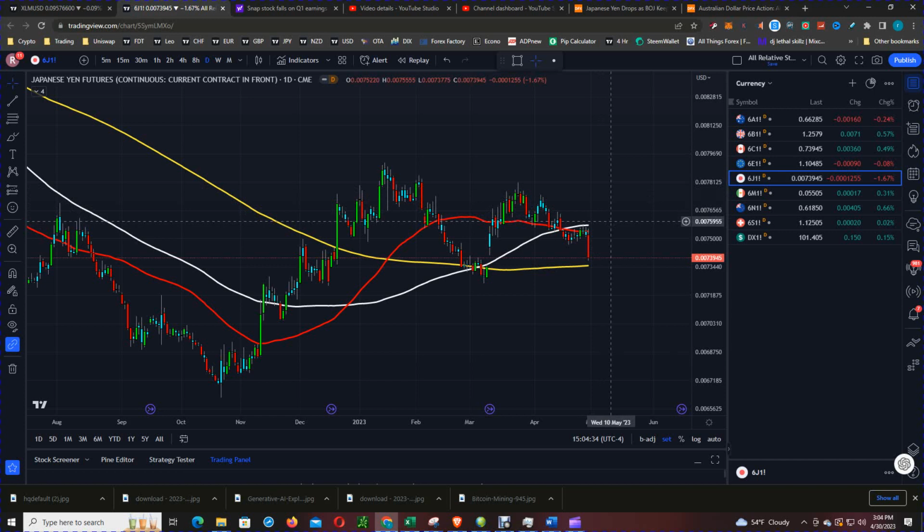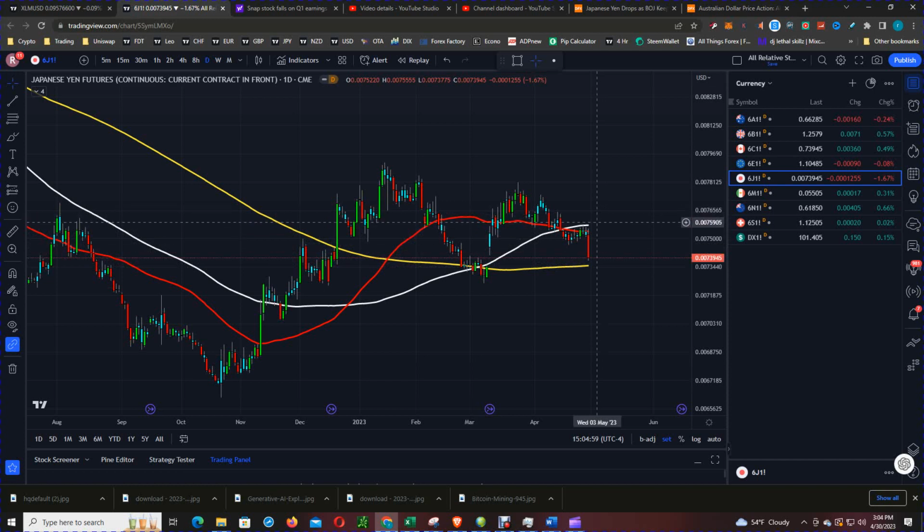Now, the yen sold off on Friday as the Japanese administration said they were going to keep the rates low. So we have the 100, 50, and 200, and price is between the 50 and the 200.